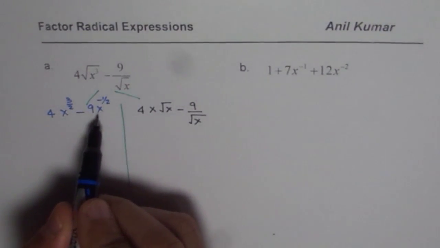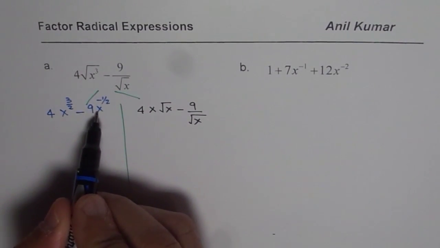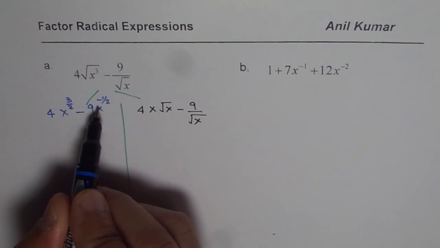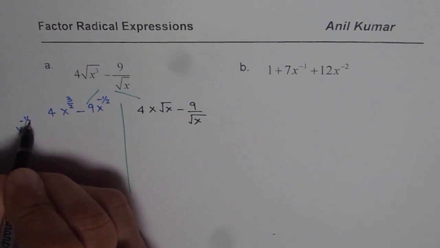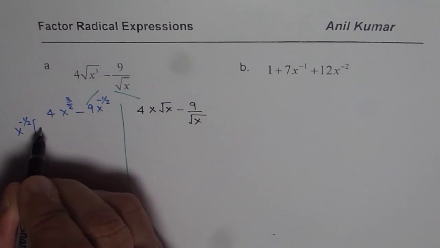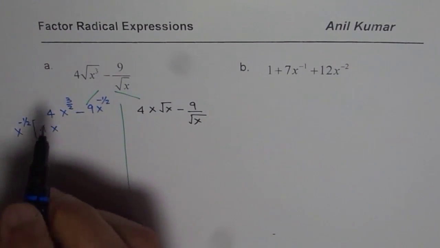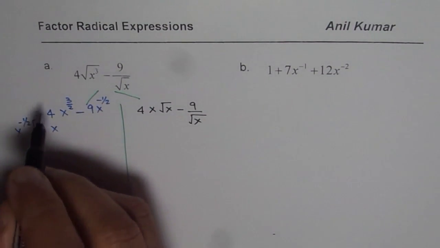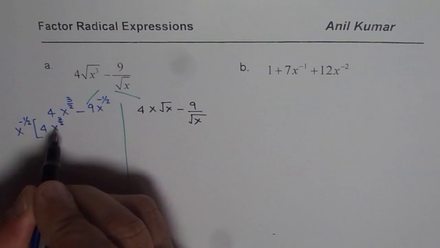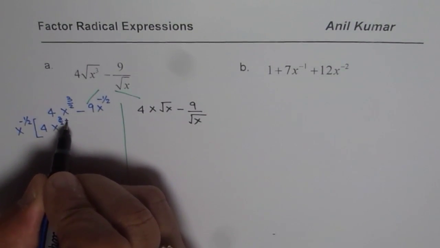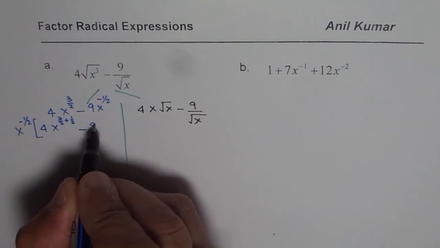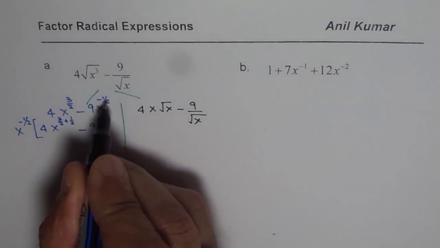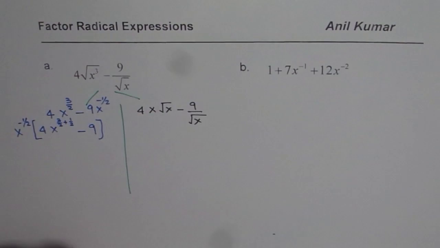Now in this case, you can factor out the lower term, which is x to the power of minus half. So we get x to the power of minus half, and within brackets, I'm left with 4x to the power of 3 over 2 plus half, minus of minus half, I should say. So it becomes plus half, minus 9, since we already factored x to the power of minus half outside.